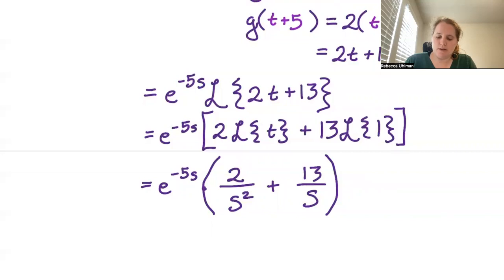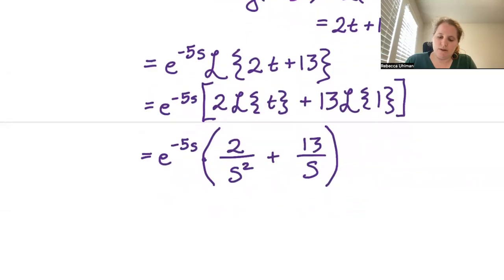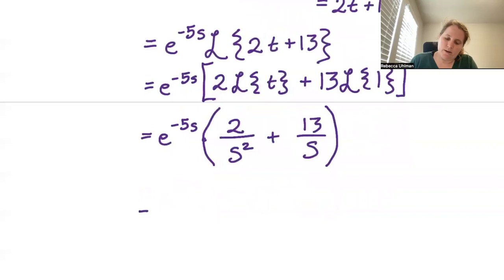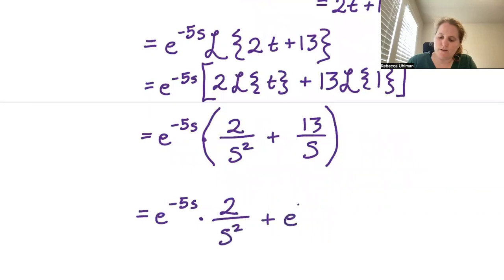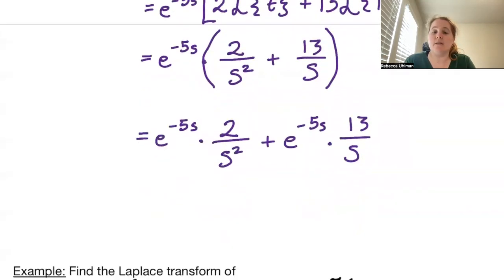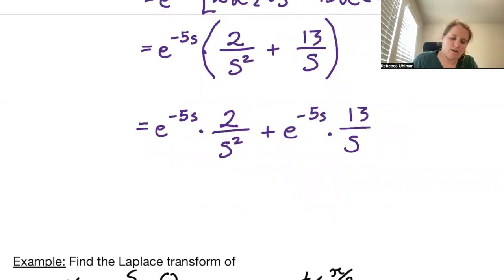So this is essentially our Laplace transform, or we could write it as e to the negative 5s times 2 over s squared plus e to the negative 5s times 13 over s. So this is how we can go about taking the Laplace transform of our piecewise f of t that we had.